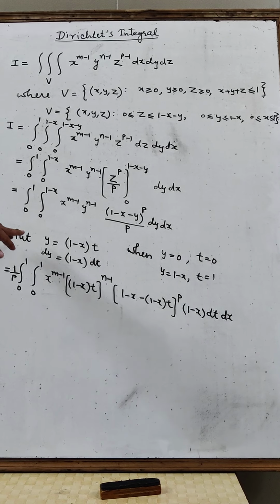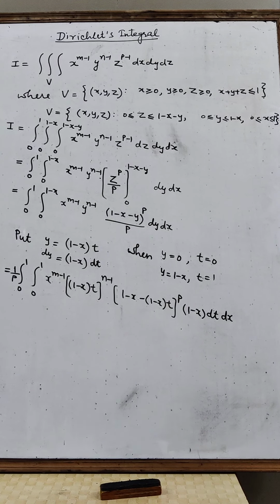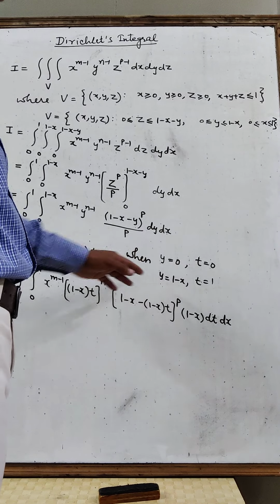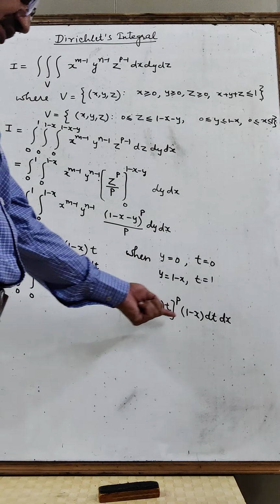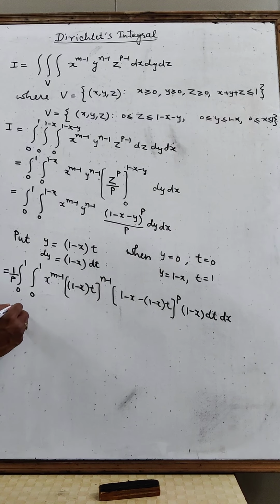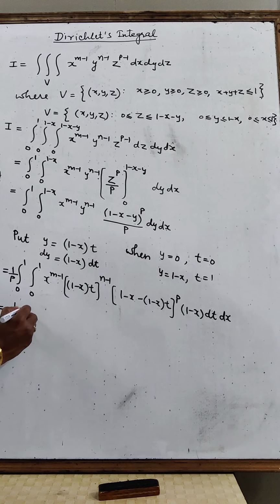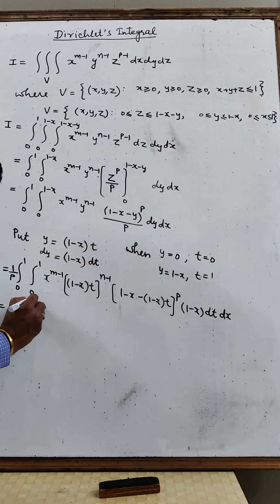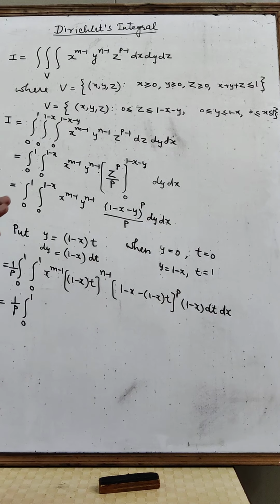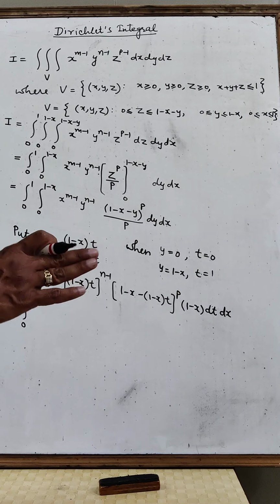So we have made the substitution y equal to 1 minus x into t, taken the derivative, found the limits, and we have it. So it would become 1 by p, integral 0 to 1, as we are integrating with respect to t, keeping x constant.